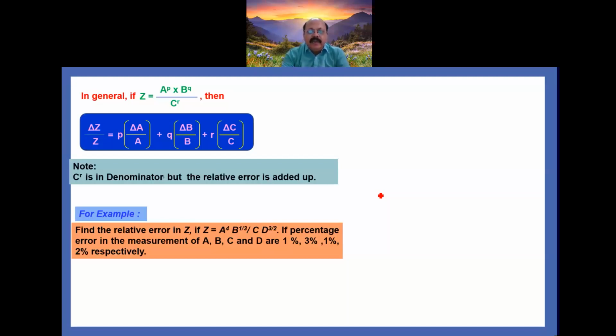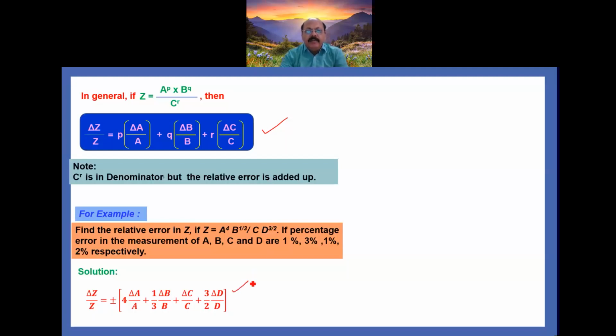Then you apply the same concept here. So delta Z upon Z equal to plus minus. From here this formula you have to apply. So here it becomes 4 delta A upon A plus 1 upon 3 delta B upon B plus delta C upon C plus 3 by 2 delta D upon D.